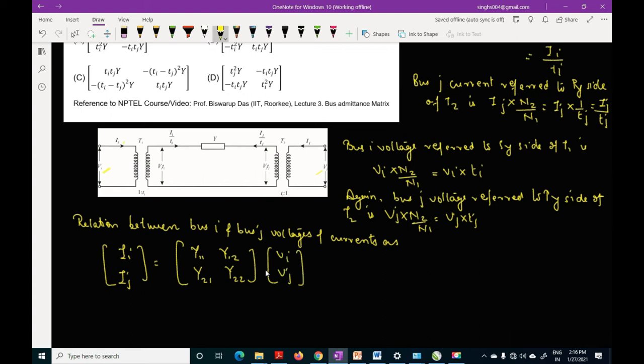Here we can see that the Y parameters will be our admittance matrix which is required.